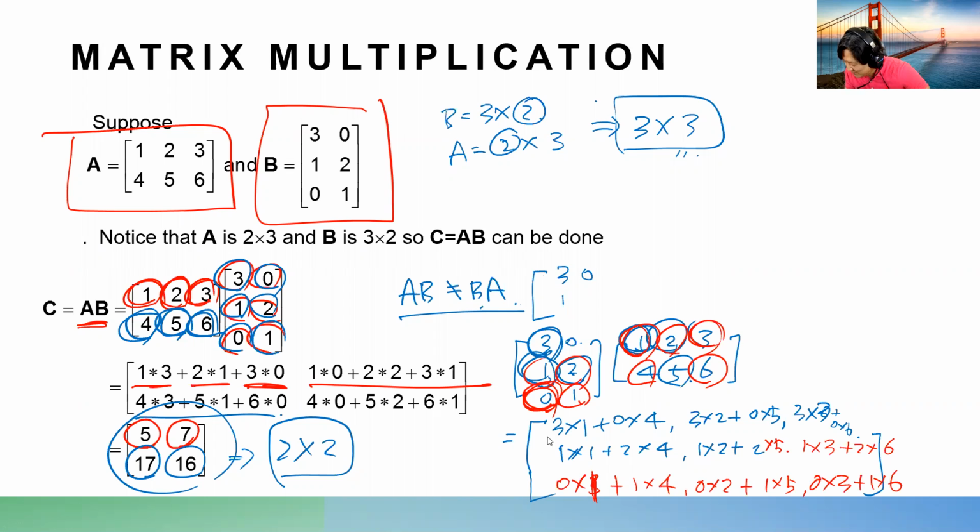In that way, we have a 3 by 3 matrix. So they are not equal. A times B is not equal to B times A. Okay, is that clear?